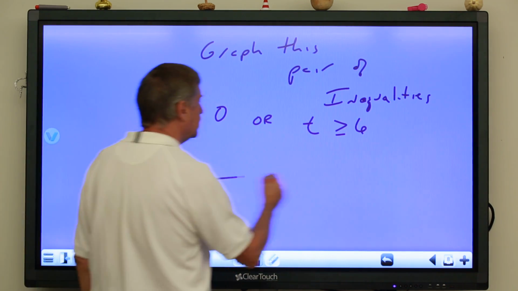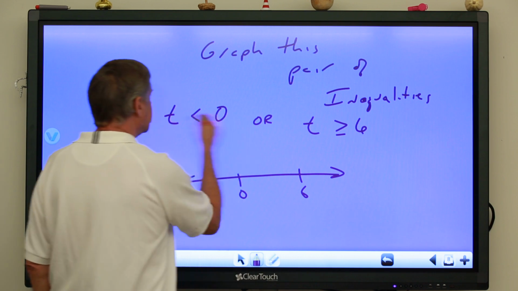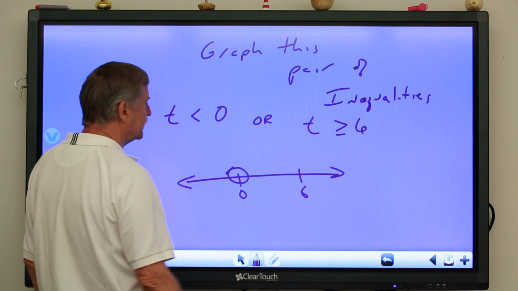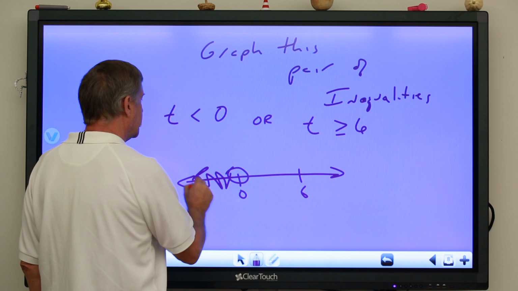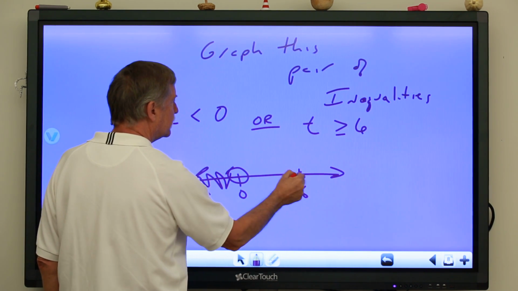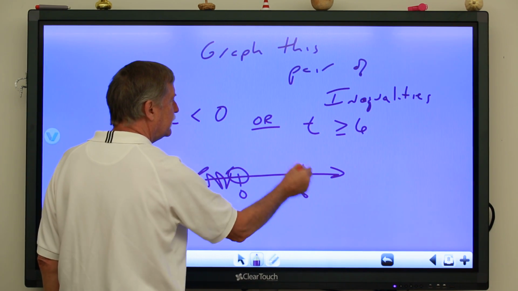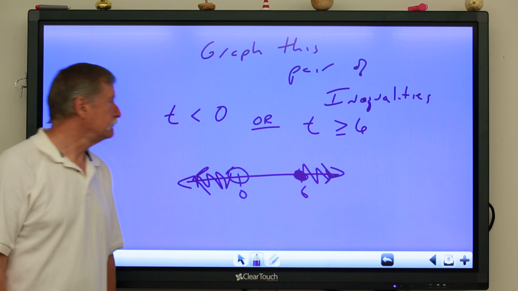All right, big deal. We just have one number line, 0, 6. t is less than 0, open circle on the 0, shaded this way. Or t is greater than or equal to 6, closed circle on the 6, and shaded in the other direction.